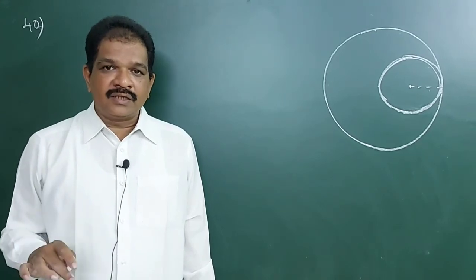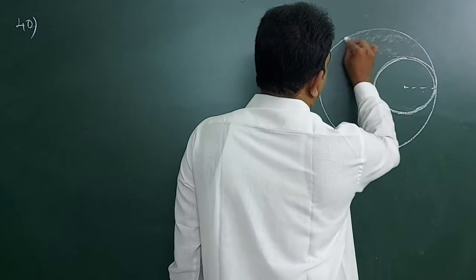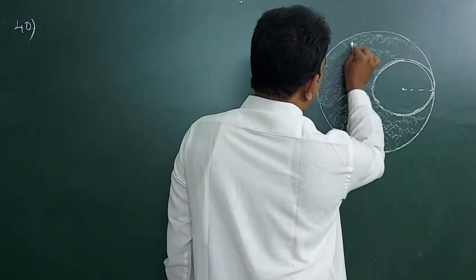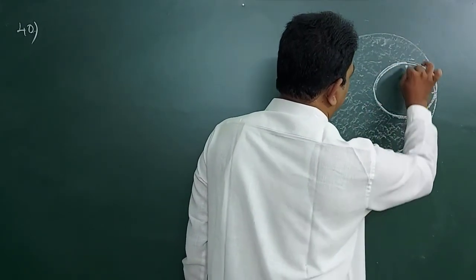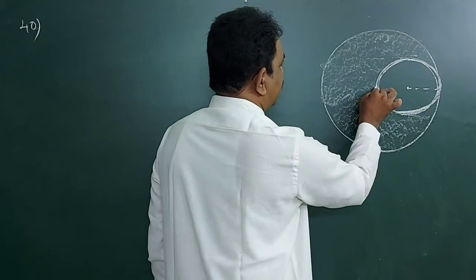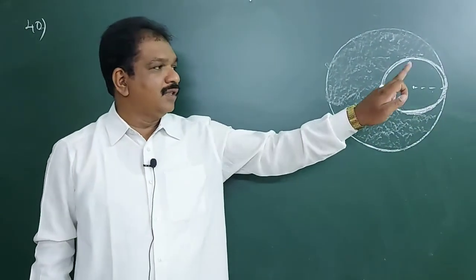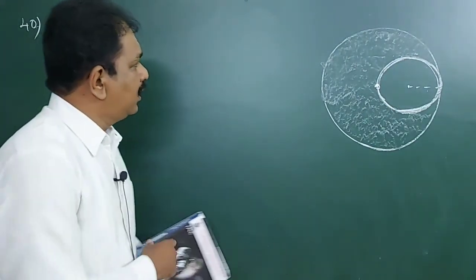And then what is the remaining portion? The disk is like this actually. When this portion is removed from it, that remaining portion's moment of inertia about this axis will be what? That is the question. So here what to do?